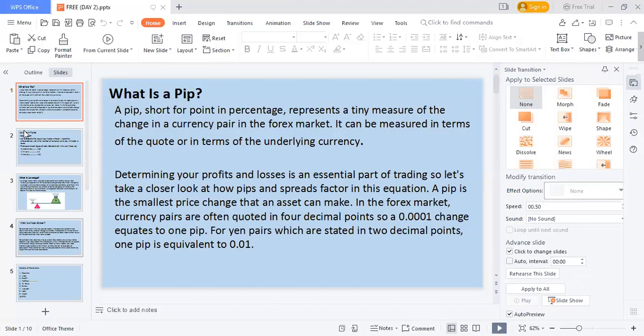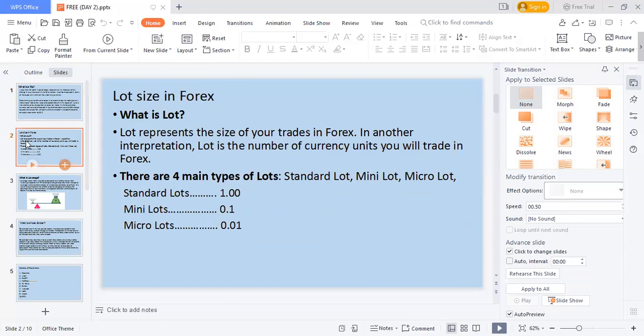The next thing I'll be talking about here is lots. Lots represent the size of your trade in forex market. In another interpretation, lots is the number of currency units you will trade in forex. There are 4 types of lots. We have standard, we have mini, we have micro.